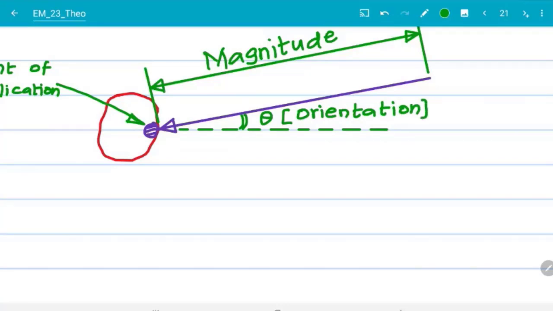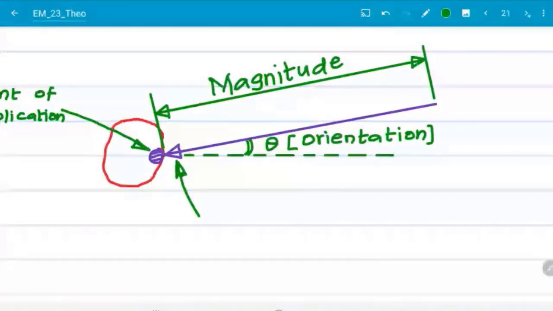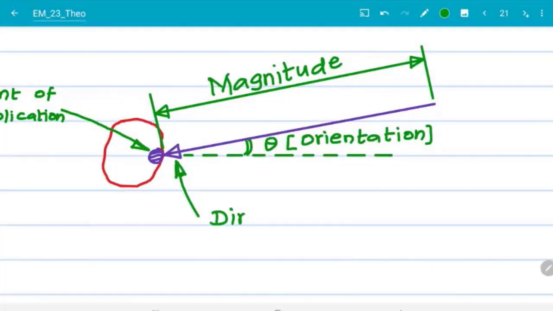Then direction. Direction is nothing but tension or compression. The representation of tension or compression is nothing but direction. In our diagram, is this compression or tension? Tell me. Compression. Very good. That kind of information is called direction. It may be tensile or compressive.